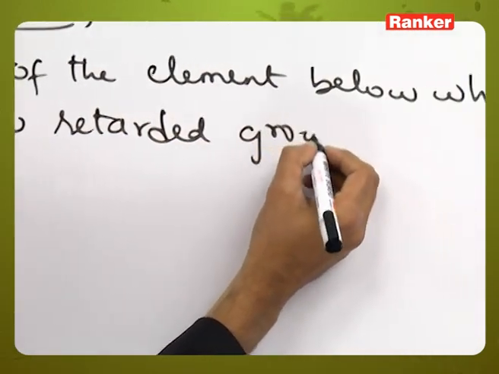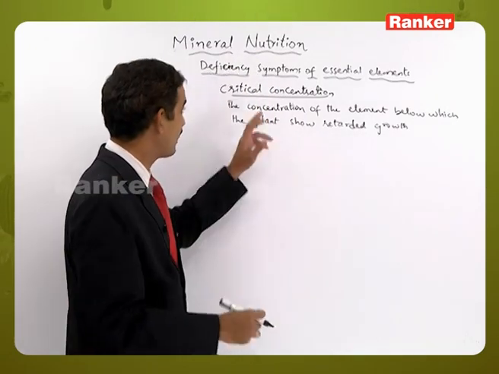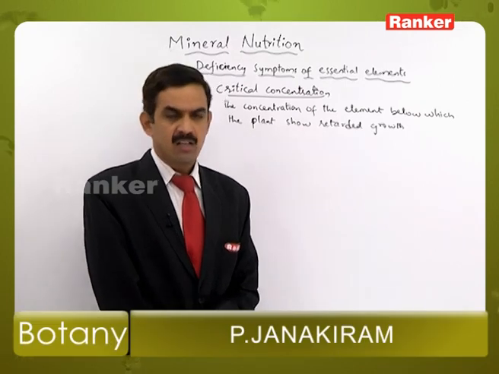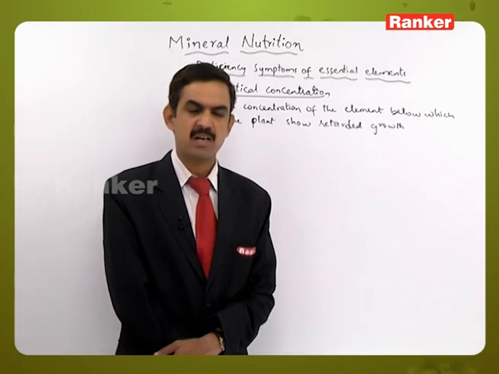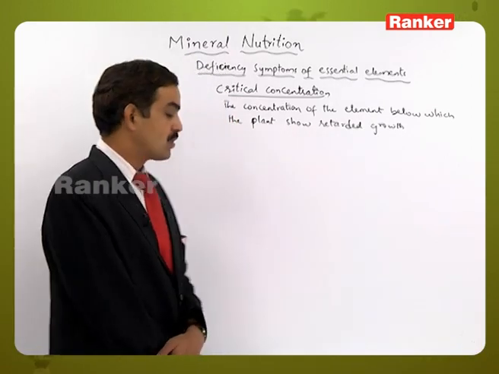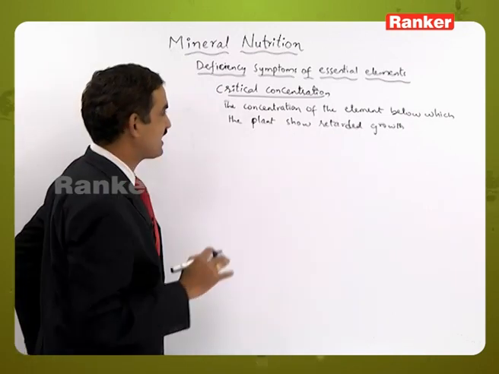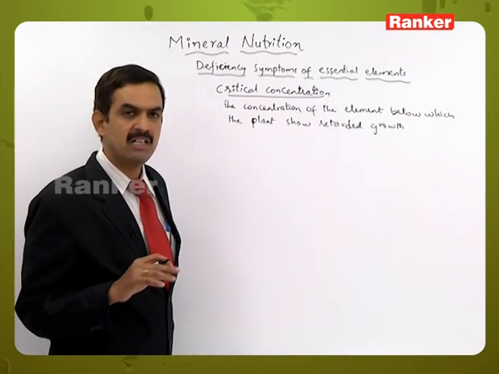This is the concentration below which the plant shows retarded growth or deficiency, so we call it a deficiency symptom. The deficiency symptoms of different elements may be different for different plants based on their requirements and metabolic activities. So if the concentration of the element is less than the critical concentration, then the plant will exhibit deficiency of that particular element.